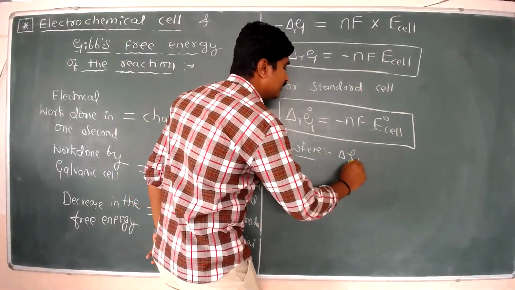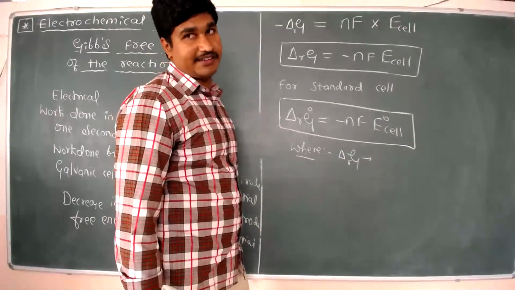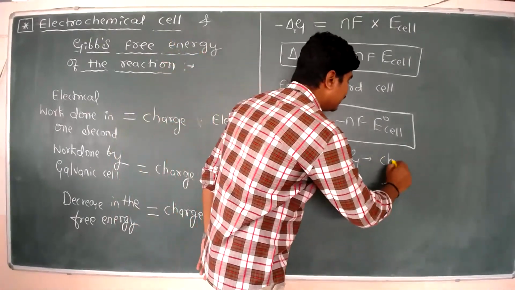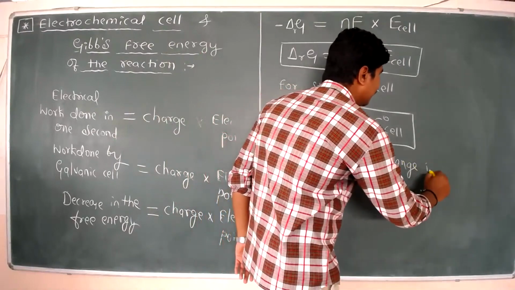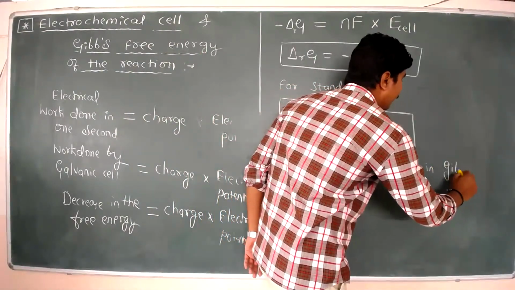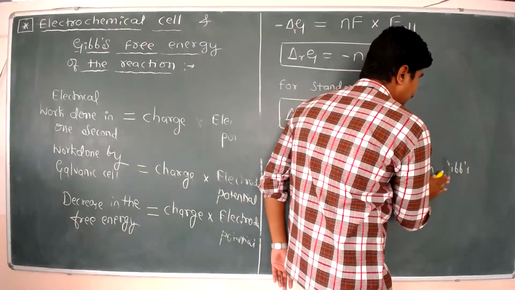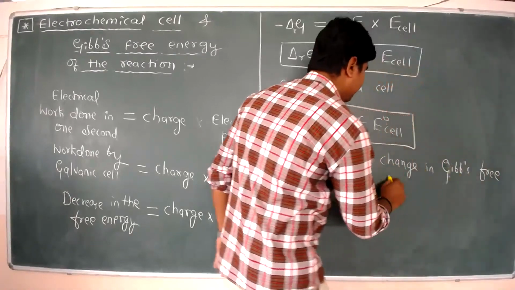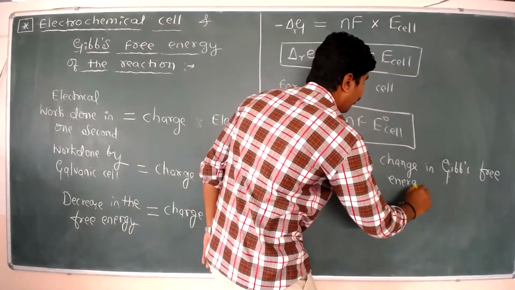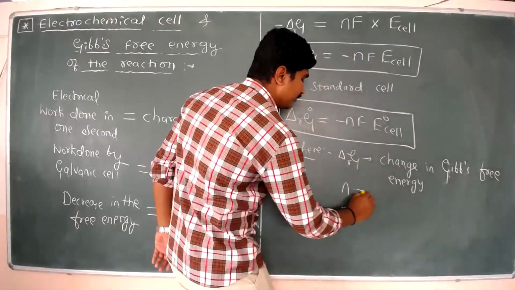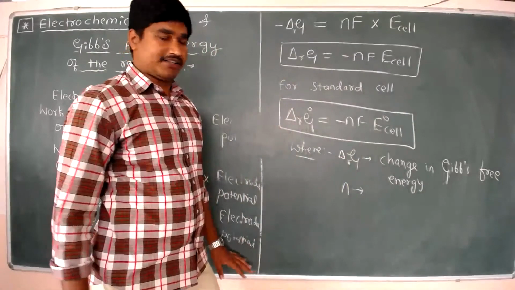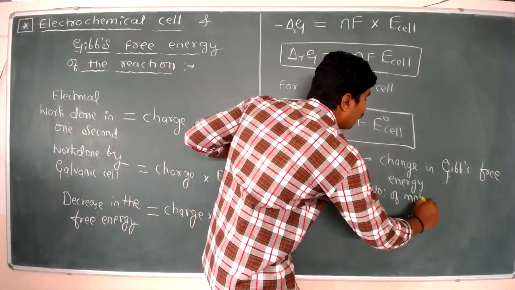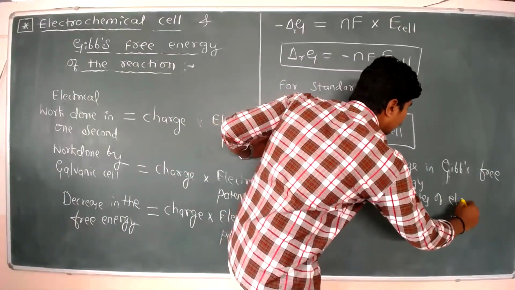Where delta G means change in Gibbs free energy. Delta means change. G means Gibbs free energy. That is called change in Gibbs free energy. N means number of moles of electrons.